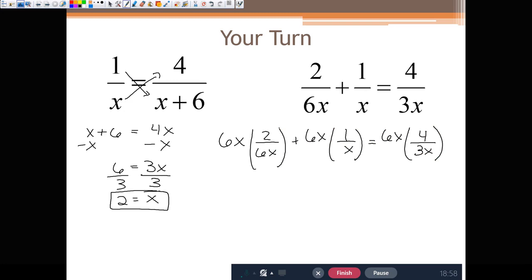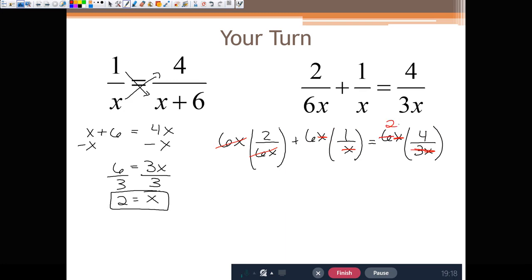Okay, so my 6x cancel out, my x cancel out, my x cancel out here, and then what's 6 divided by 3? 2. So this turns into a 2.